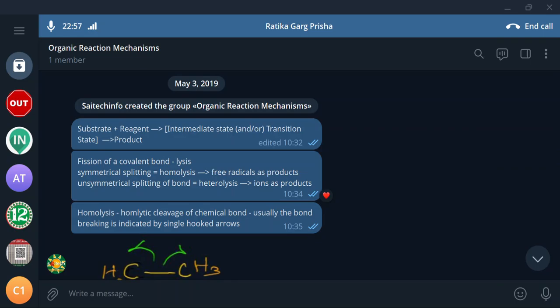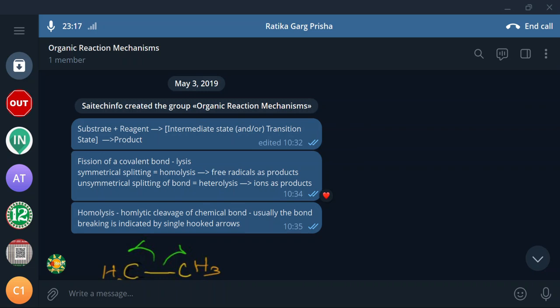But in the case of chemical properties like reaction with acid, reaction with base, oxidation, reduction, all these things are called chemical reactions, where we are not breaking the physical bond, that is the intermolecular force of attraction.